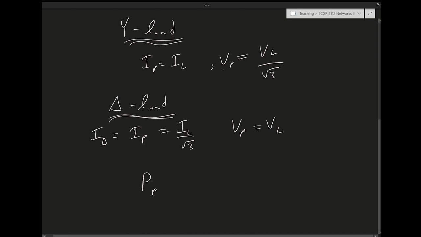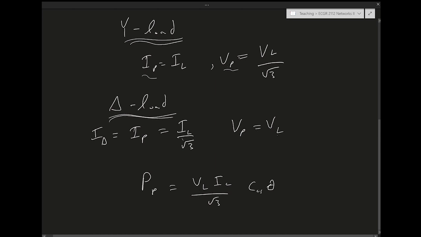Because here I multiply VP by IP, I get VL IL over square root of 3 cosine theta. But if the load is delta connected, I get the same thing, because now the square root of 3 goes to the other variable in the power equation, into the current variable. So I get VP times IP is VL times IL over square root of 3, right?